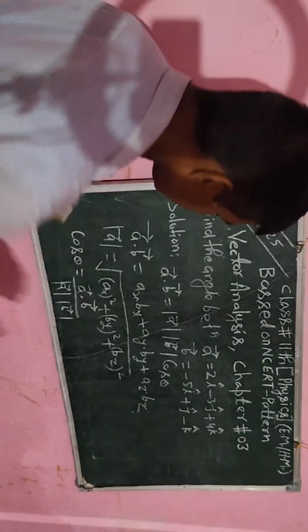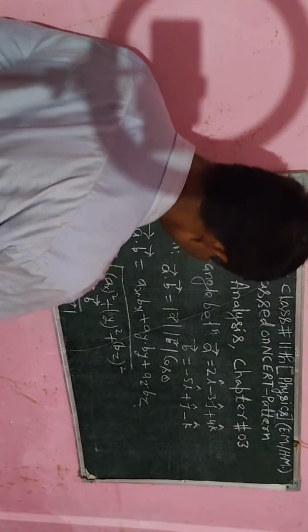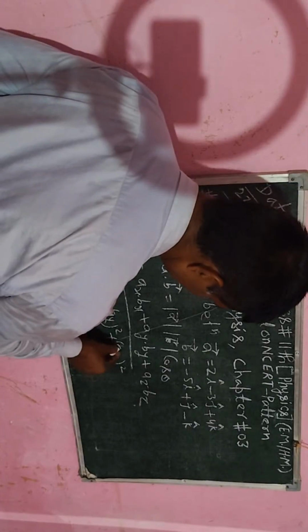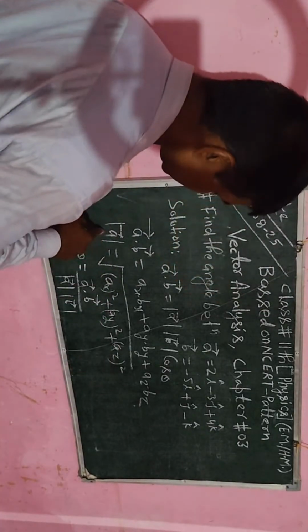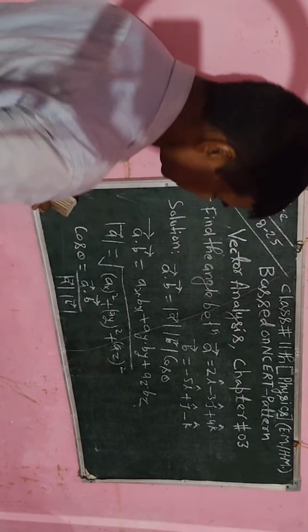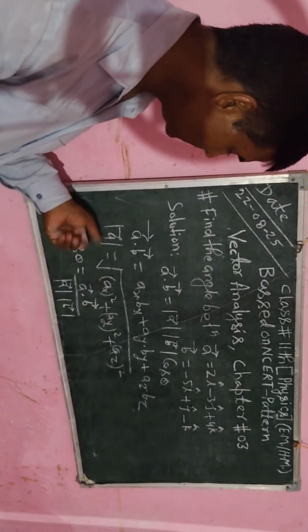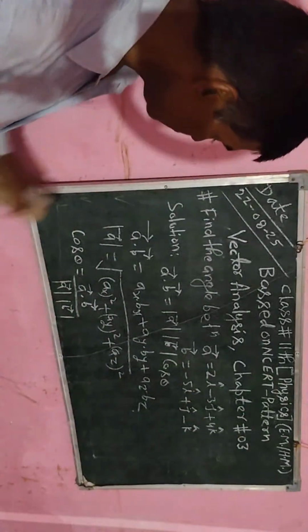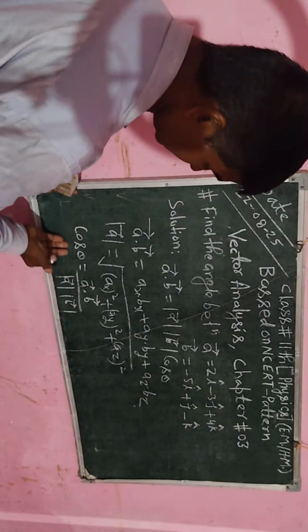So for vector A I will write Ax, Ay, Az, and if the vector is B, then Bx, By and Bz I will write. Okay, now we have to get this value.